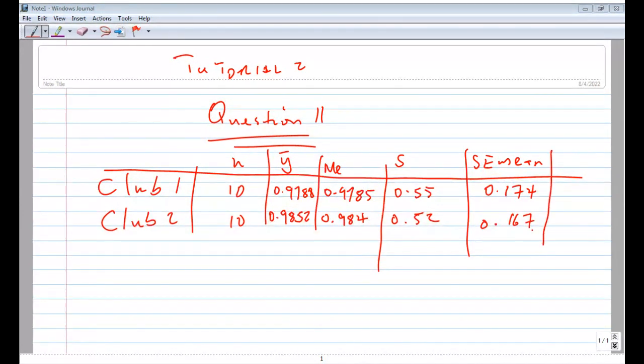So my question is, do you know how they managed to get the last column? Yes, this one. Can you help us?